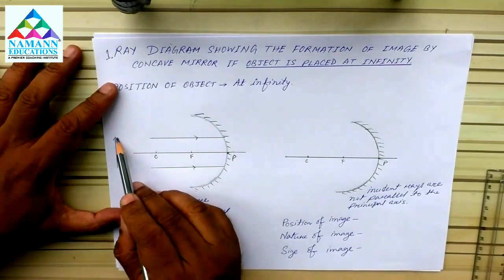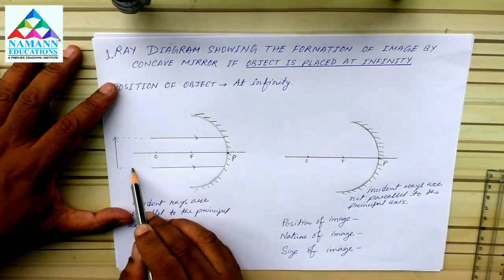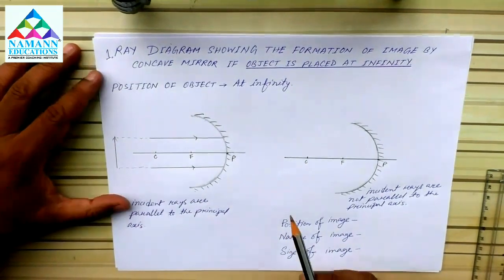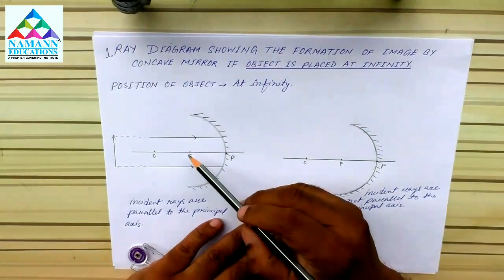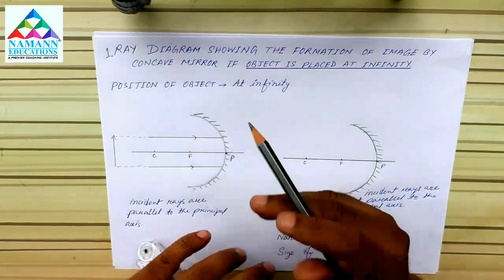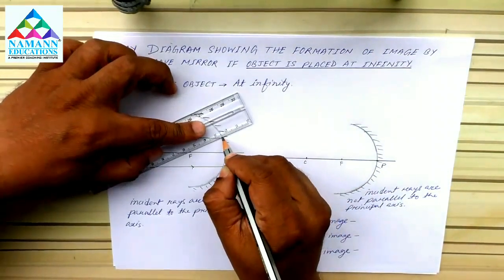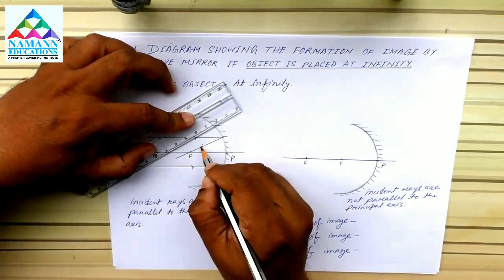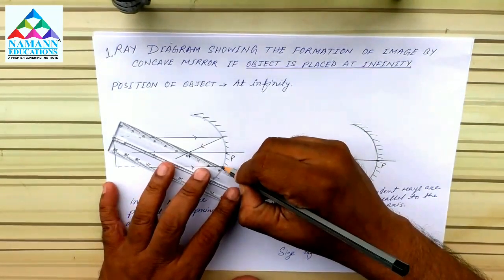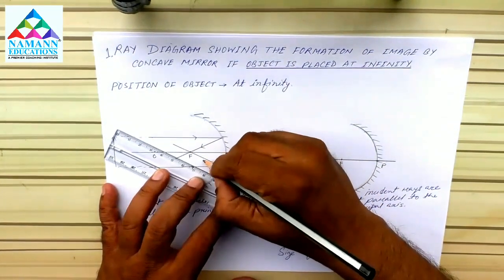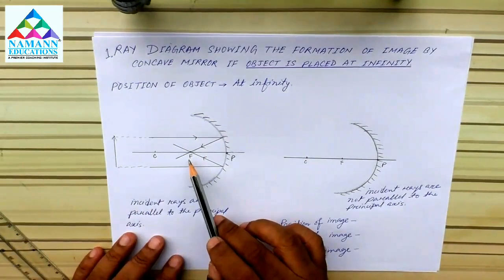We can draw dotted lines to represent the rays coming from that object. These rays fall on the concave mirror, and we know the rule: if the light rays are incident parallel to the principal axis, after reflection this light ray will pass through focus. This one, after reflection, will also pass through focus. So here we can see that the image is formed at focus.